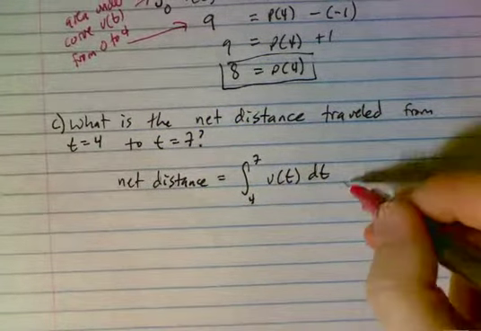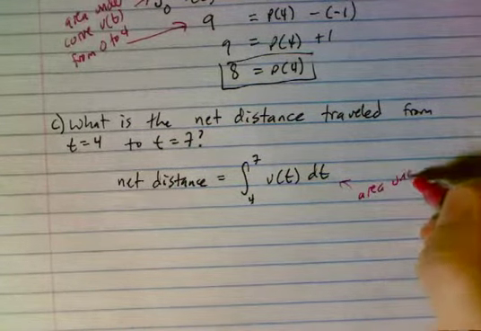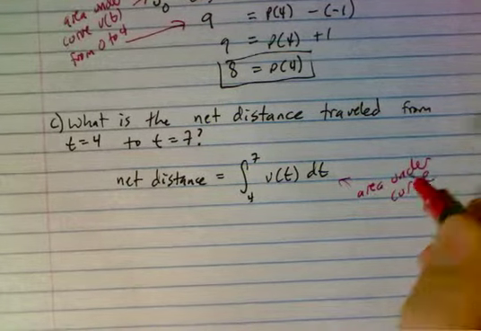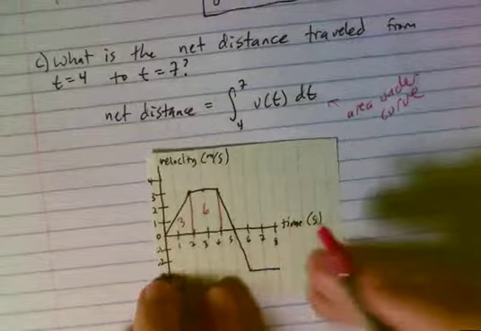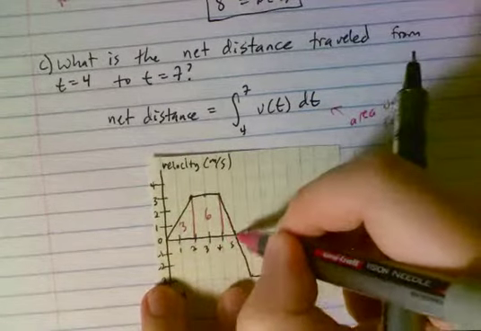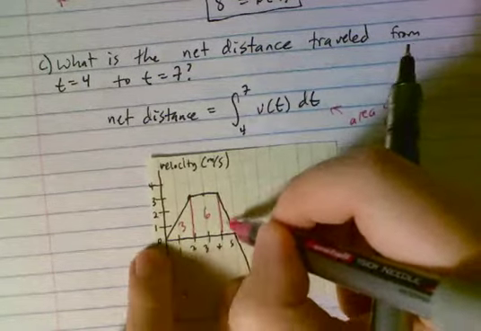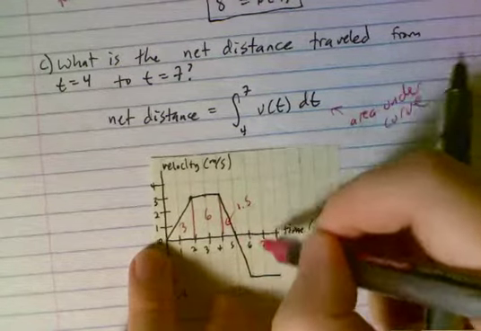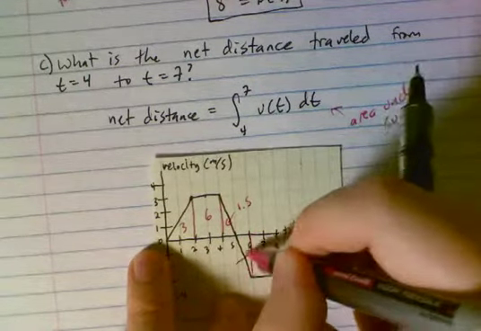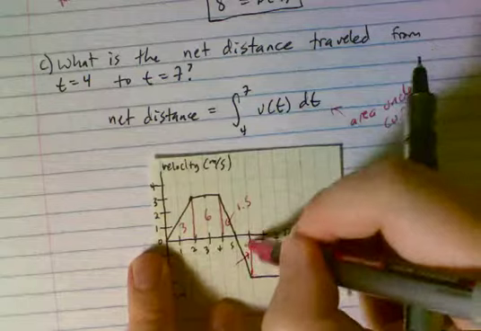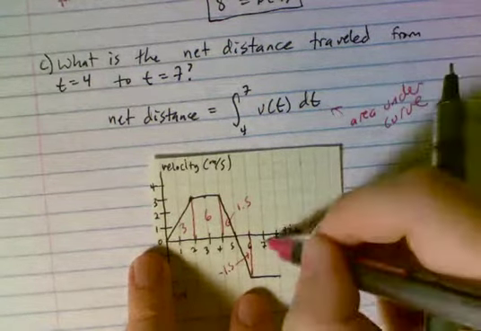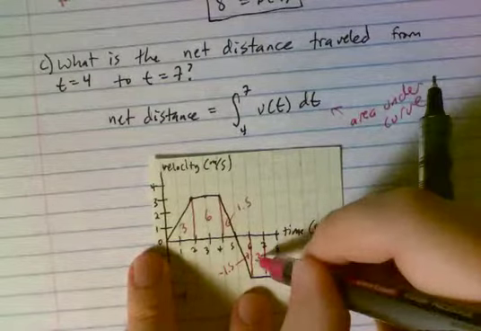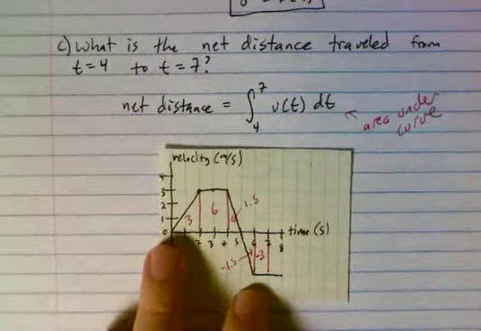Again, area under curve. Remember, this is the signed area, so we're going from 4. So this is 1 times 3 divided by 2, so this is 1.5. This is going in the negative direction. It's negative 3 times 1 divided by 2, so negative 1.5. And then 7, that area is negative 3.